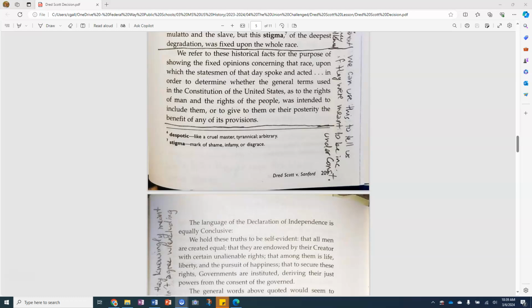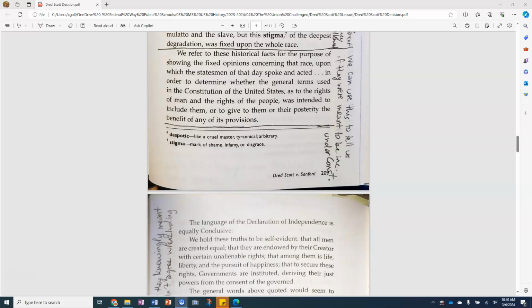We refer, and I'm back on the text here, to these historical facts for the purpose of showing the fixed opinions concerning that race upon which the statesmen of that day spoke and acted, in order to determine whether the general terms used in the Constitution of the United States as to the rights of man and the rights of people were intended to include them, or to give to them or their posterity the benefit of any provisions.